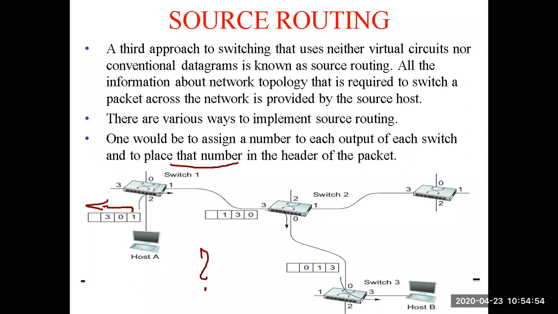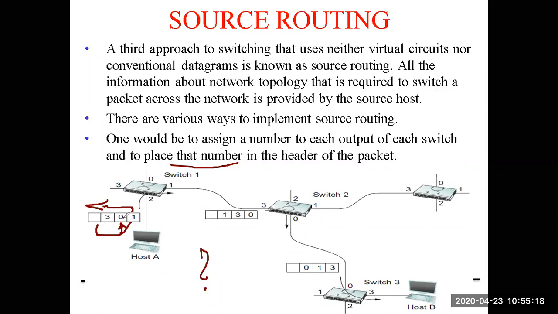Once it reaches switch number one, what happens? Switch one will rotate the header. Automatically, the one will come to the end. It rotates, and it becomes 130. And what is there next? In the 130, zero is there.